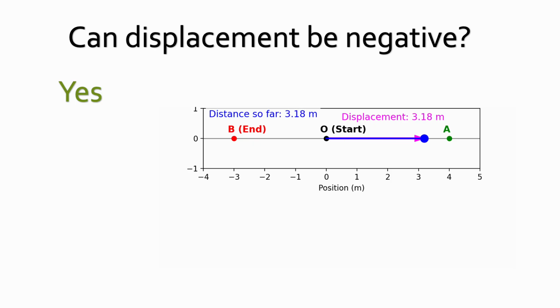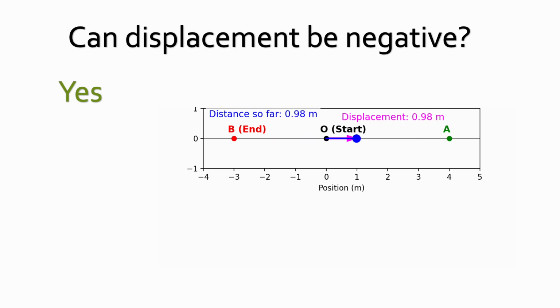Can displacement be negative? Yes. Displacement can be negative. Suppose you define the forward direction as positive. If you move backward relative to the chosen reference, displacement becomes negative. But remember, distance is always positive.